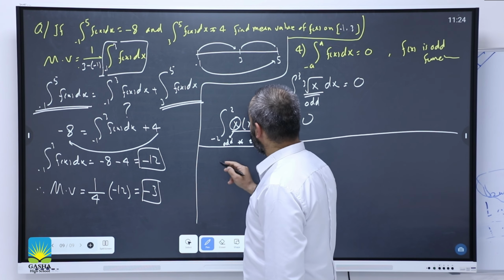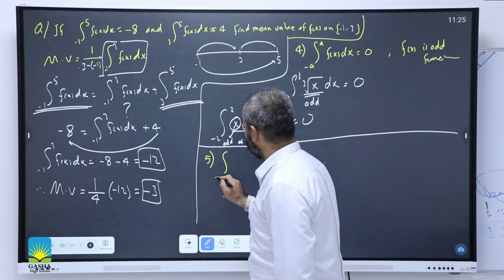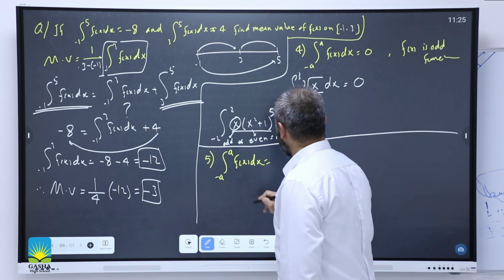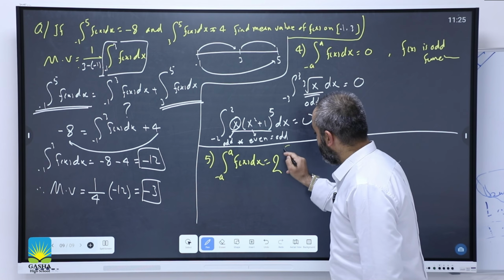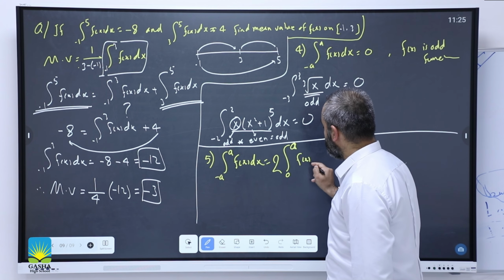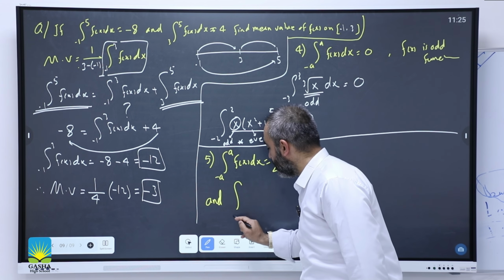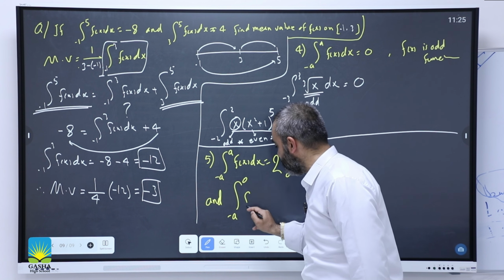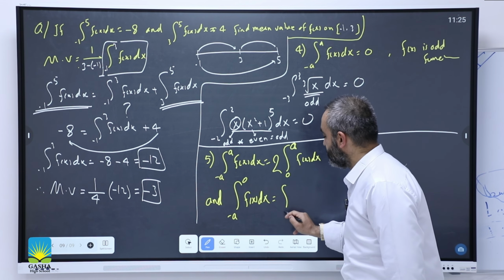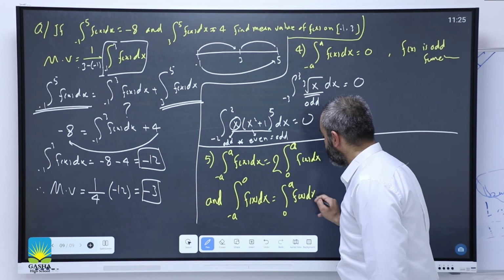And we go to the property of 5: the integral from negative a to a of f of x dx equals 2 times the integral from 0 to a of f of x dx, and the integral from negative a to 0 of f of x dx equals the integral from 0 to a of f of x dx.